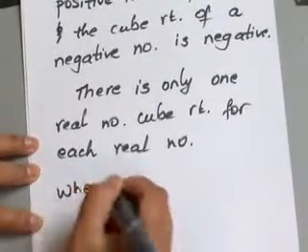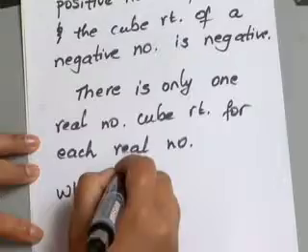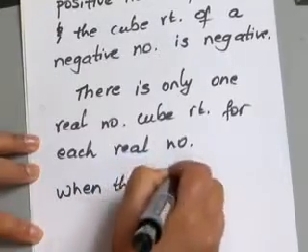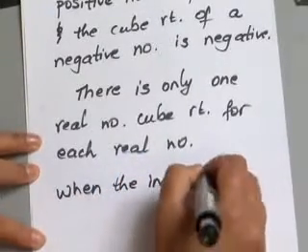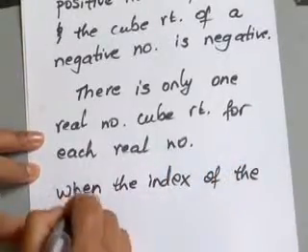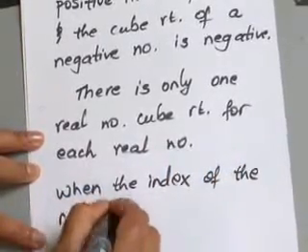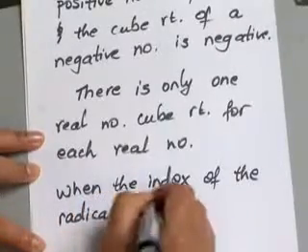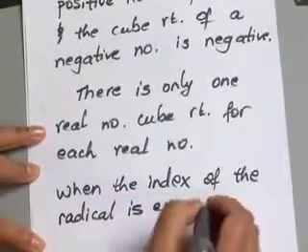With odd roots, you can have negative numbers inside the radicand, but not with even number roots. And as you work with more examples, you will get used to remembering this property.